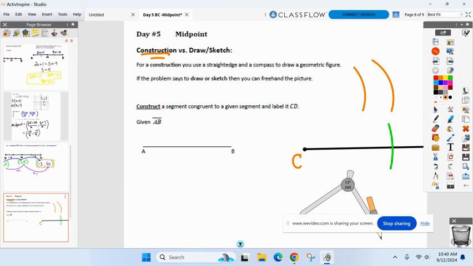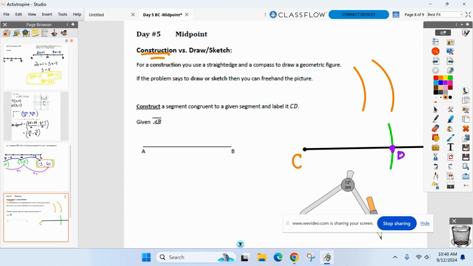And where that arc intersected, guess what point we're going to call that? What did it want us to call our new segment? CD. So we're going to call that D. And you have just constructed a congruent segment.